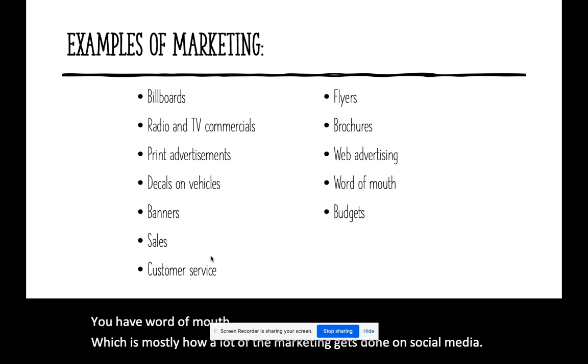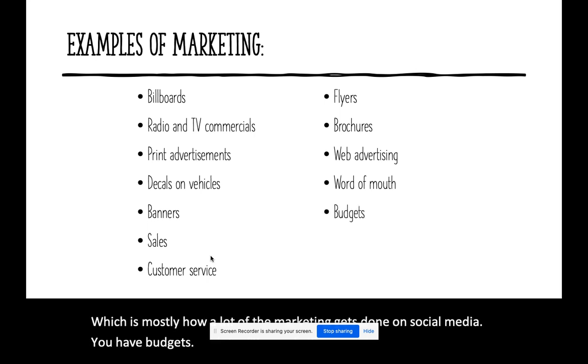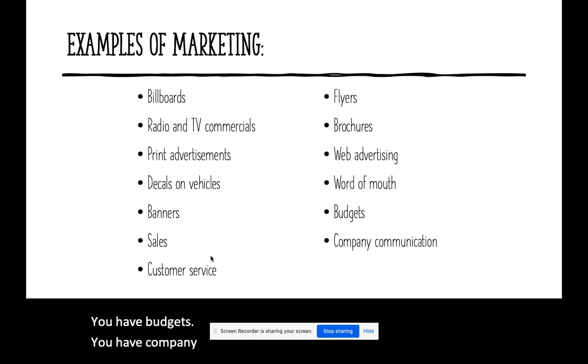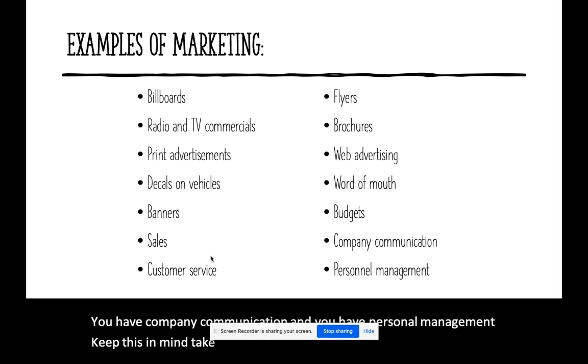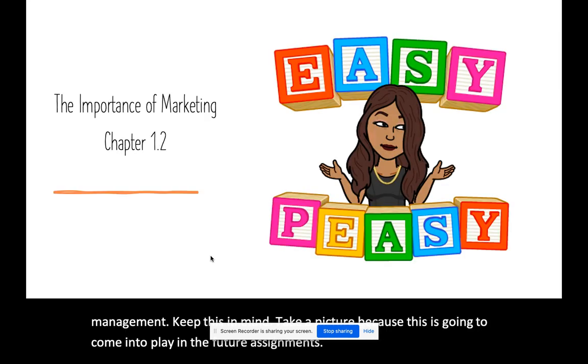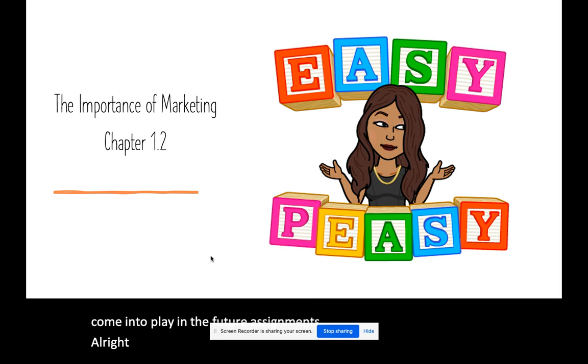You have budgets, company communication, and personal management. Okay? Keep this in mind. Take a picture because this is going to come into play in future assignments. All right. So all of that was easy peasy.